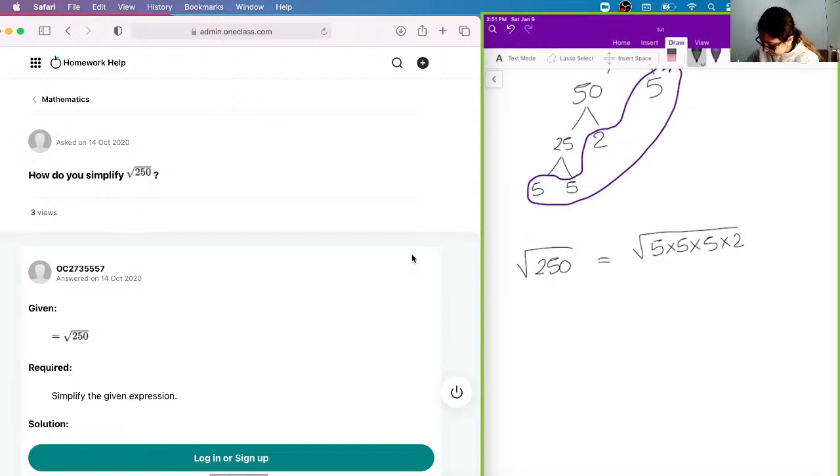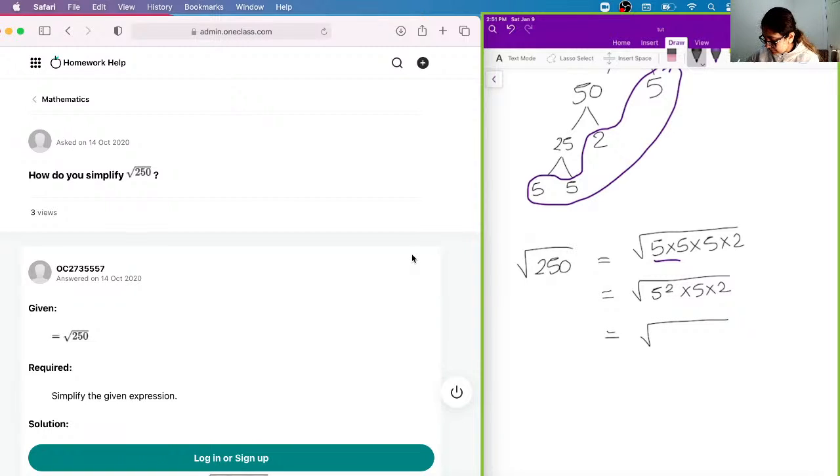And I'm going to pair up these two 5s. And we would have 5 squared times 5 times 2. And as you can see, we have a square under a square root, so that will get cancelled out.